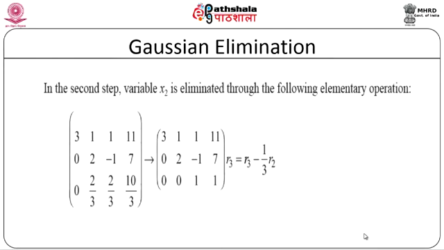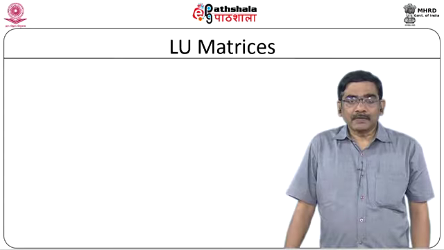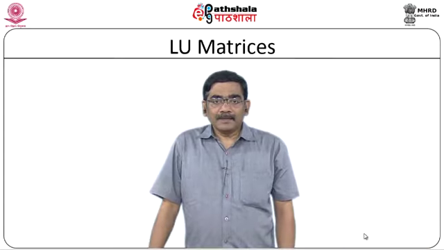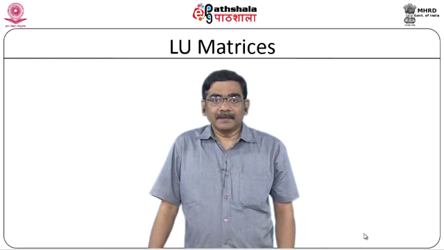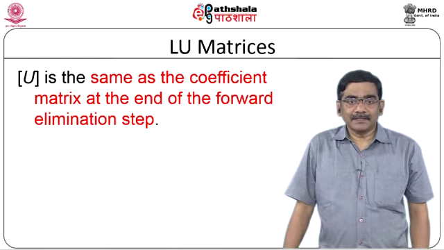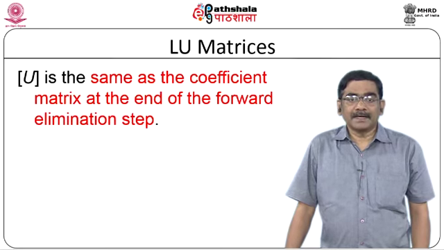Now, you can see that we have a reduced system of equations using which we can find the unknowns. So, now from this we can find the matrices L as well as U. So, U is going to be the same as the coefficient matrix at the end of the forward elimination step.